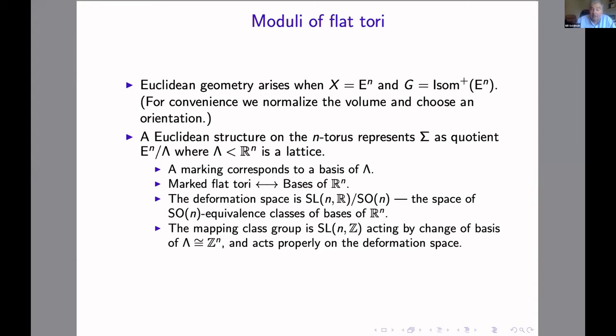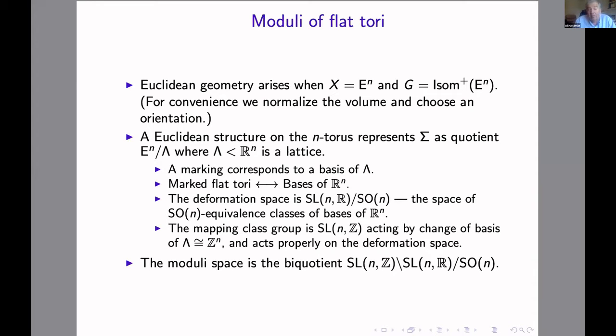And SLnZ will be acting properly on the deformation space. And therefore we can form a quotient, which is the locally symmetric space. And that's going to be the moduli space of flat tori. So this is a nice model for what I mean by a classification of geometric structures where the underlying topology is the n torus and the geometry is Euclidean geometry.